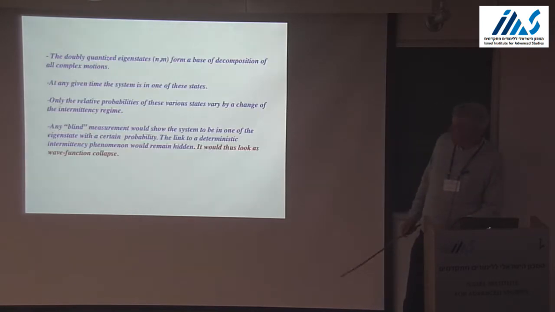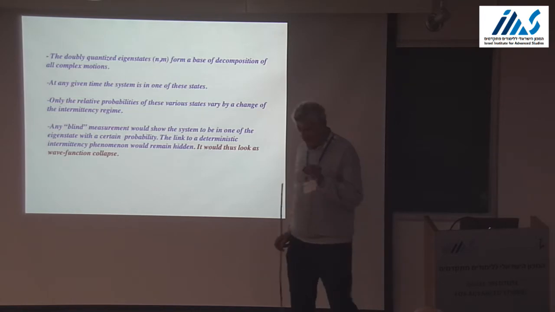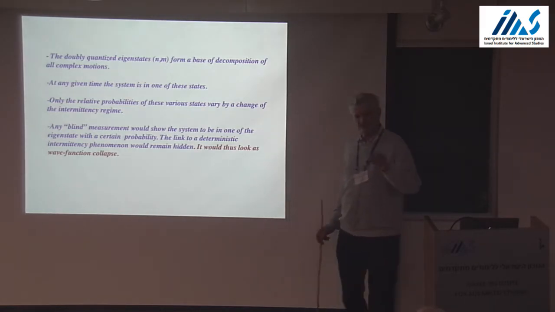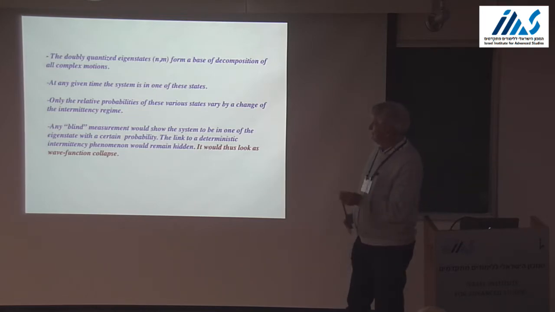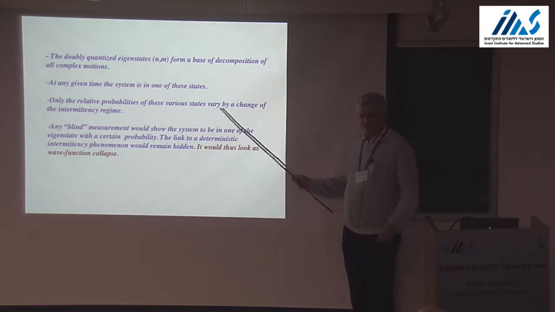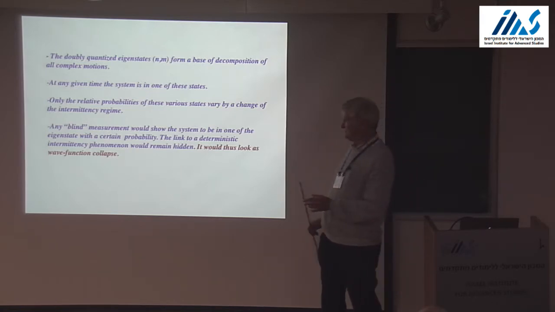Now, the interesting thing also is that at any given time, the system is only in one of the states. What is defined when you tune the system differently is that you change the probability of being in one state or the other.